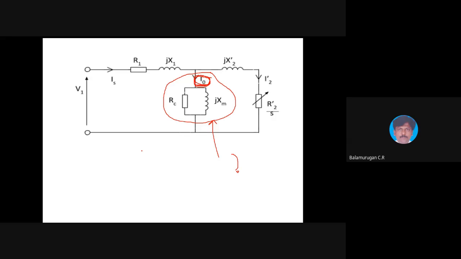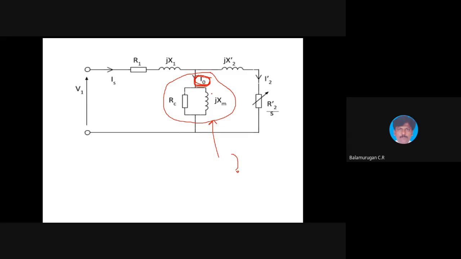You can calculate only iron loss. These elements are used to identify these parameters from the no load test. Generally, in a transformer we have the open circuit or short circuit test. The same test conducted on the induction motor we call a no load test and blocked rotor test.